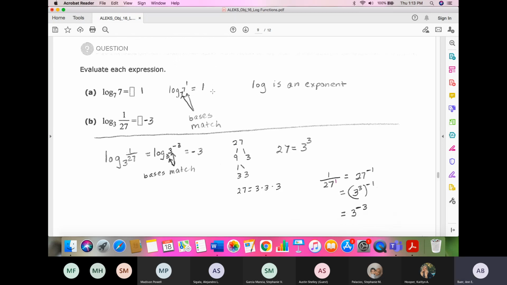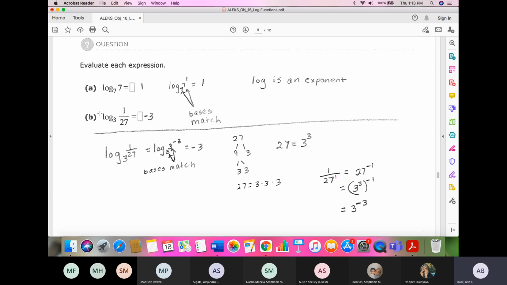So let's look at part B. Log base 3 of 1 over 27 equals. Well, let's see what we can do. First of all, I would take 27 and break it down into its factors.